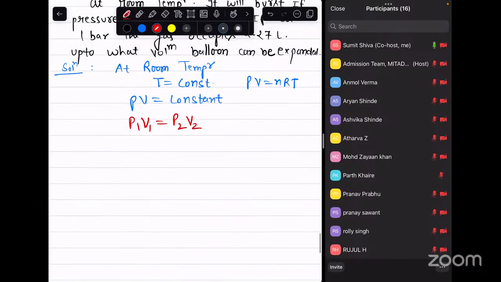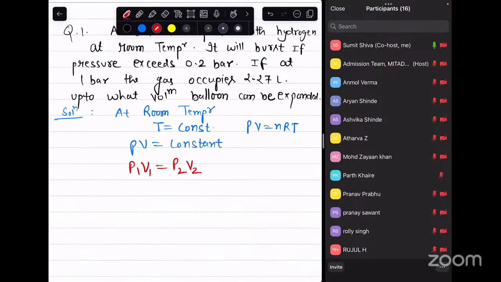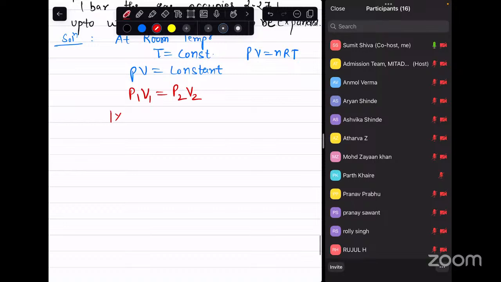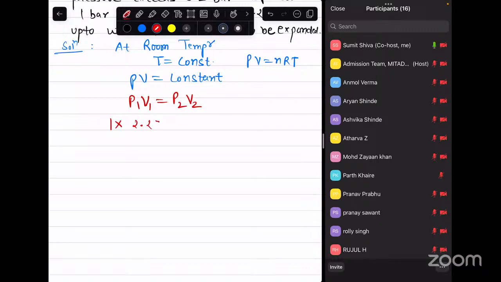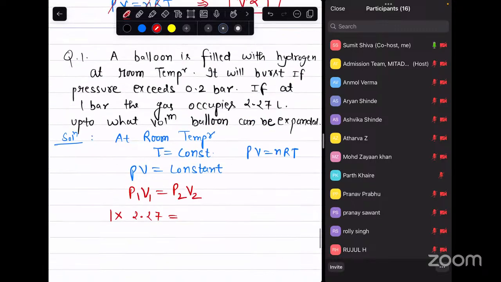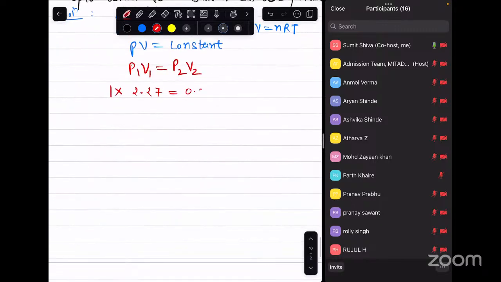The value of P1 is 1 bar and V1 is 2.27. P2 is 0.2 bar and we have to find V2. V2 will be the volume to which the balloon can be expanded. So from here we will get V2, which is 2.27 divided by 0.2.